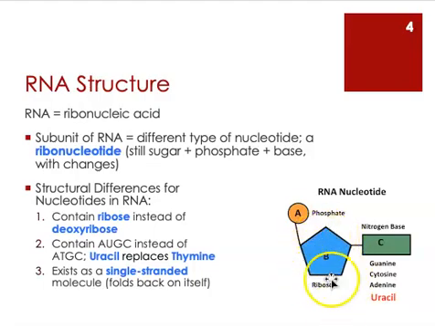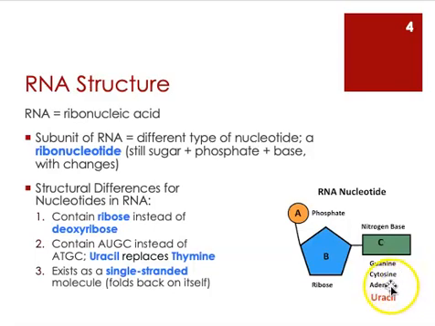There's a sugar in the middle, there's a phosphate group, and there's a base. Now, one of the first things that is different between the subunit of DNA and the subunit of RNA is the base. Remember, the base in DNA might be a guanine or a cytosine or an adenine or a thymine, but in RNA there is no thymine.